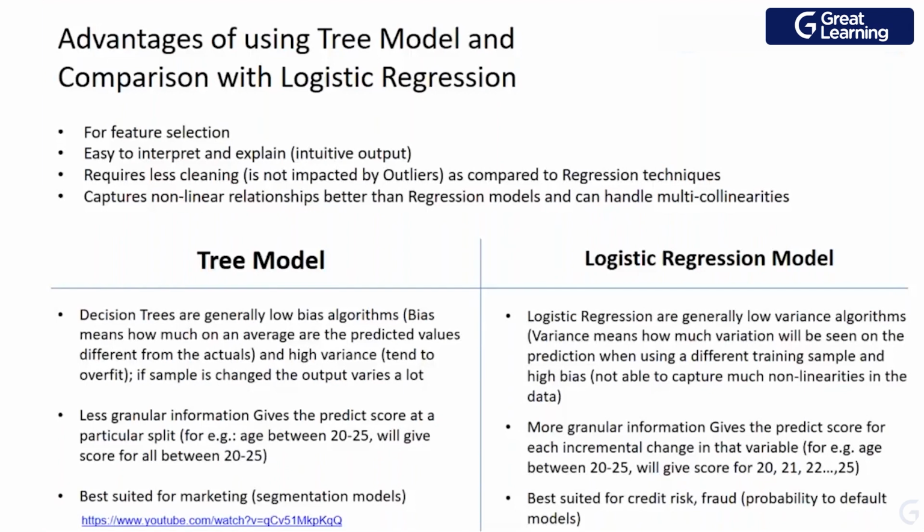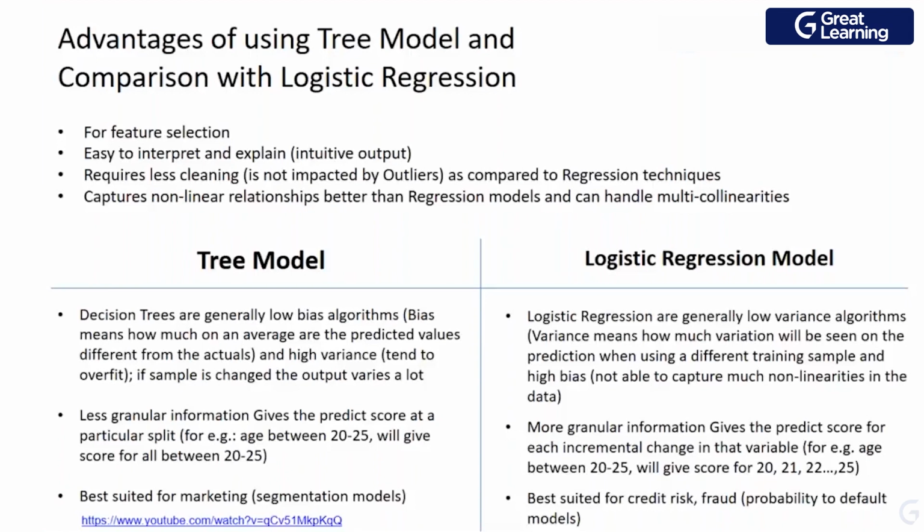So even if you change the training sample, the predicted values shouldn't vary a lot. But decision trees usually have high variance, and that's why they suffer from the problem of overfitting. If you change the sample, your output tends to vary a bit. There are ways to treat high variance and low bias.